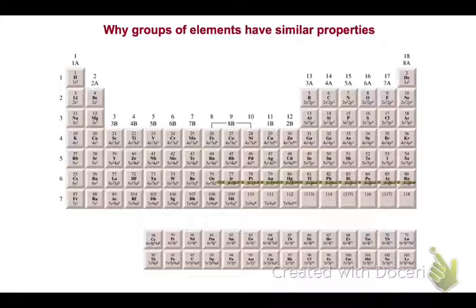So what you are going to look at here is the following. If you look at carbon, the valence electrons are 2s2, 2p2. For silicon it is 3s2, 3p2. And if you look at boron, it's 2s2, 2p1.